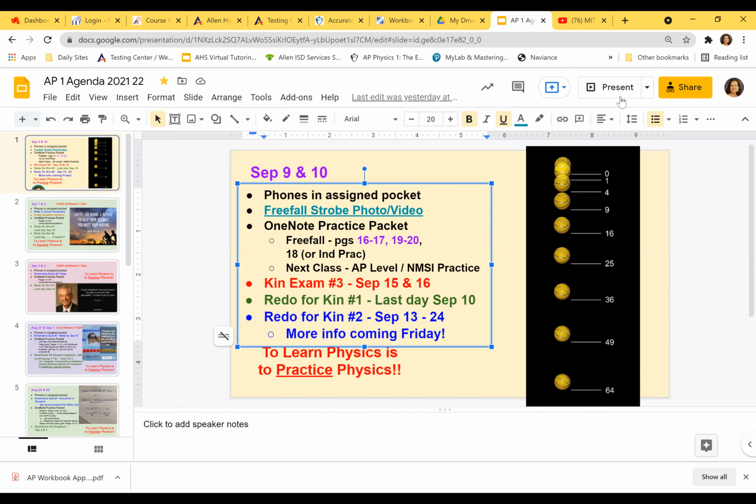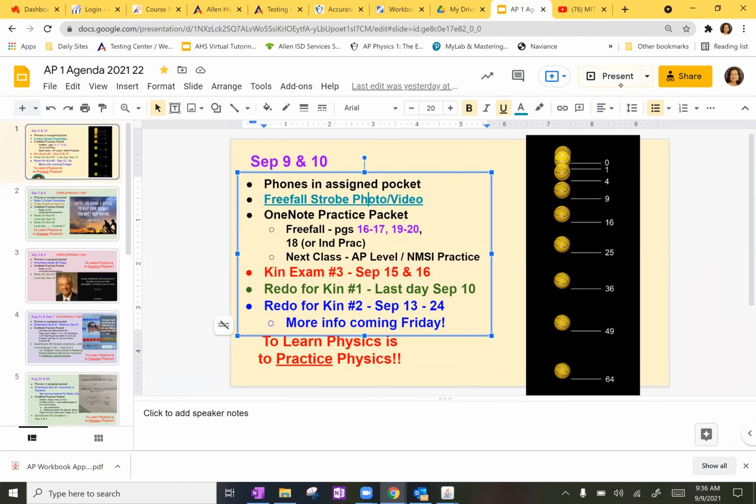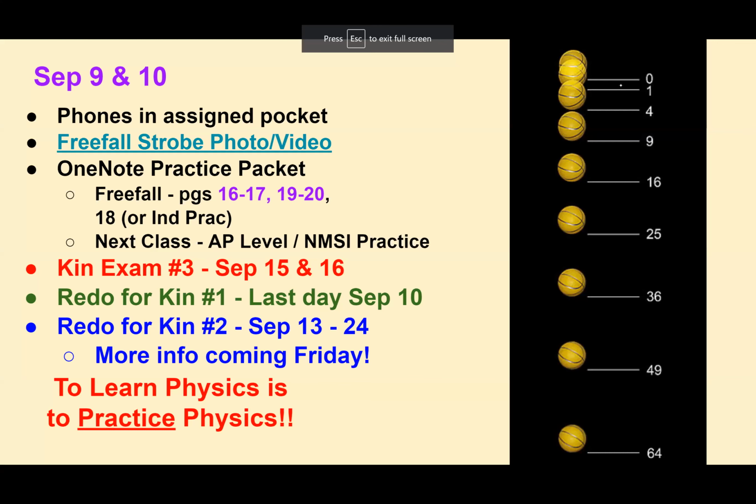Now, what's the otherwise? You might be asked a concept question. What would the graph look like? What would the path of the object look like if you included air resistance? So before I open the simulation, tell me the picture you see on the screen right here, how would it look different if there was air resistance? Make a prediction.